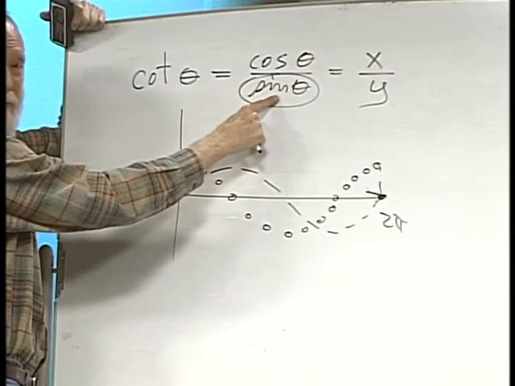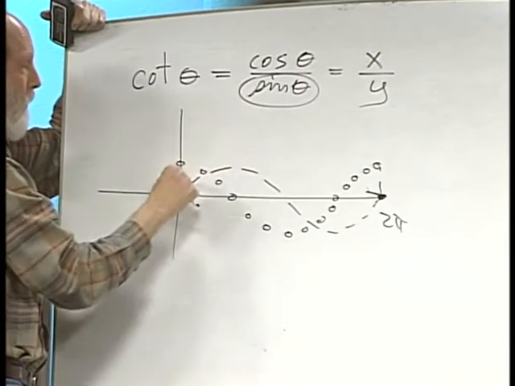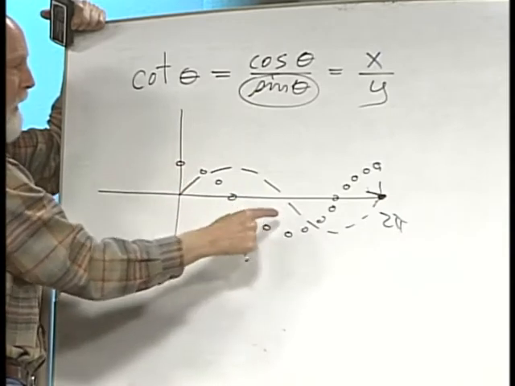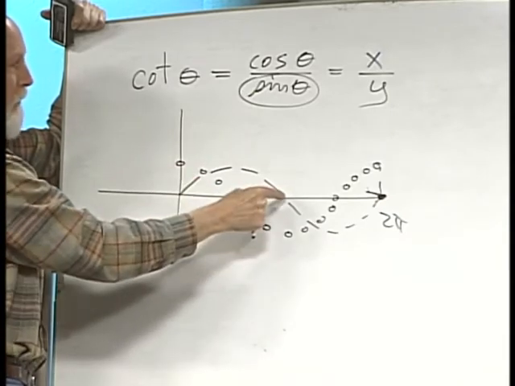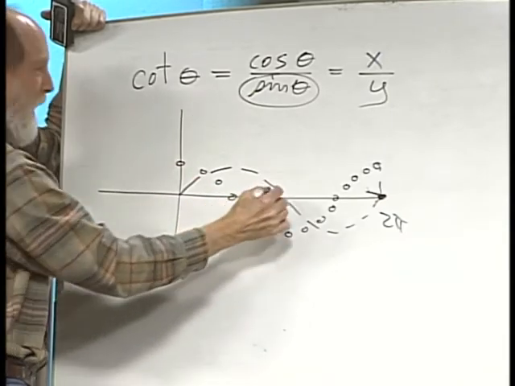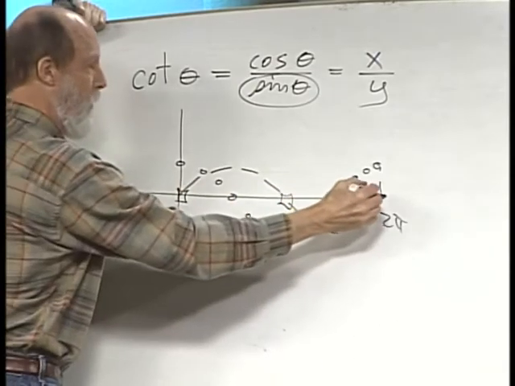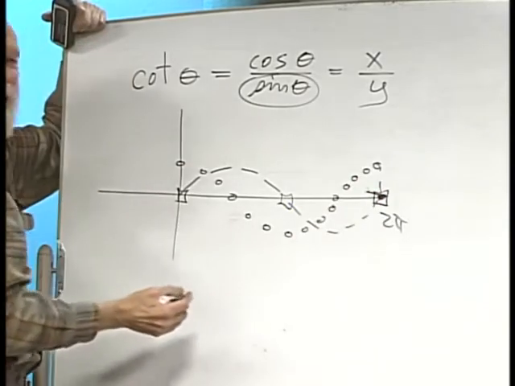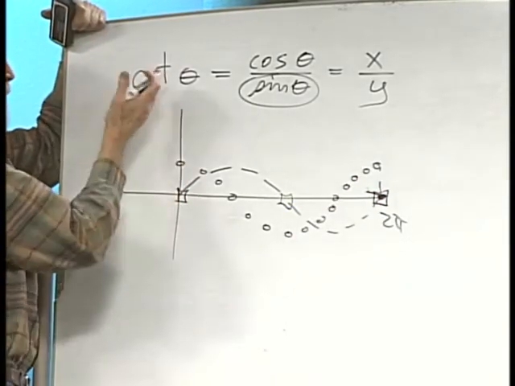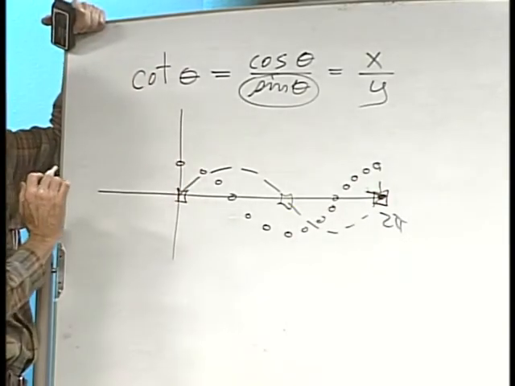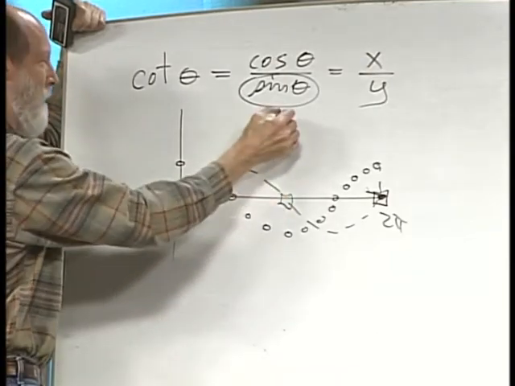Okay, so all you have to do is look at this overlay and observe where the sine is 0. That happens to occur here and back here at these zeros of your sine function. Those become what on the cotangent graph? Vertical asymptotes. Great.